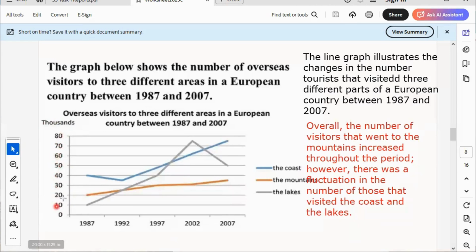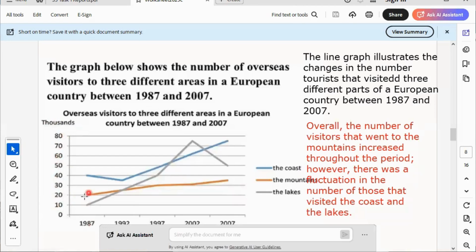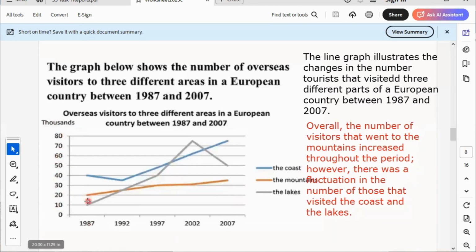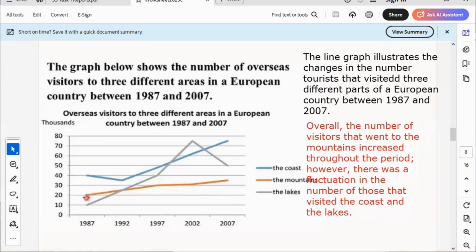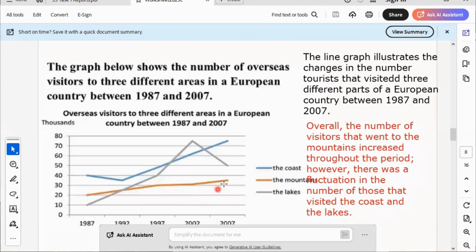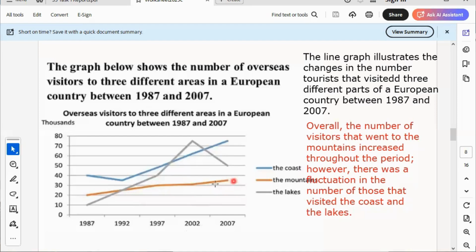You understand? So in 1987, 20,000 visitors visited the mountains. And this figure increased steadily every year until 2007, when about 35,000 visitors were recorded.